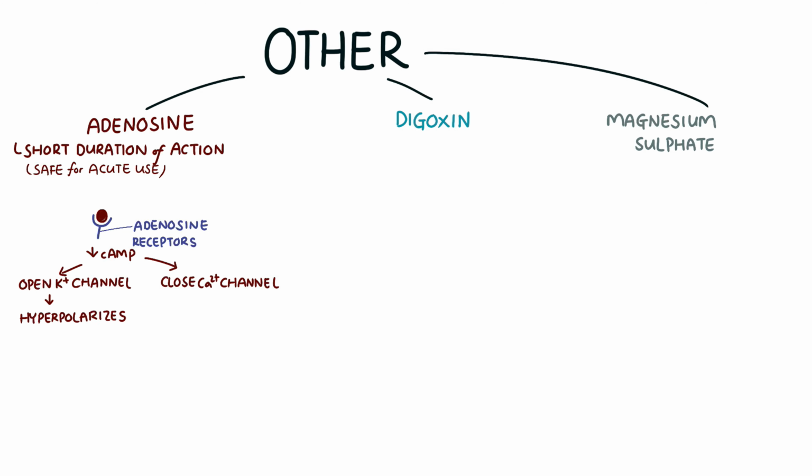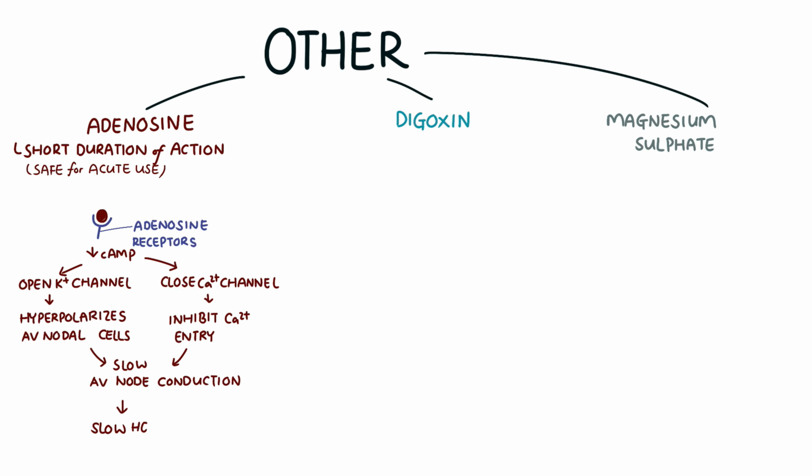Opening of potassium channels causes hyperpolarization of the AV nodal cells, while closure of calcium channels can inhibit calcium entry. Both effects slow down AV node conduction, which ultimately results in a slow heart rate. Adenosine is most effective for treating supraventricular tachycardia.